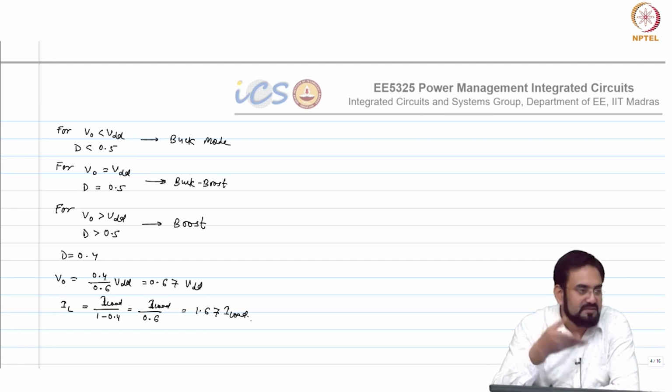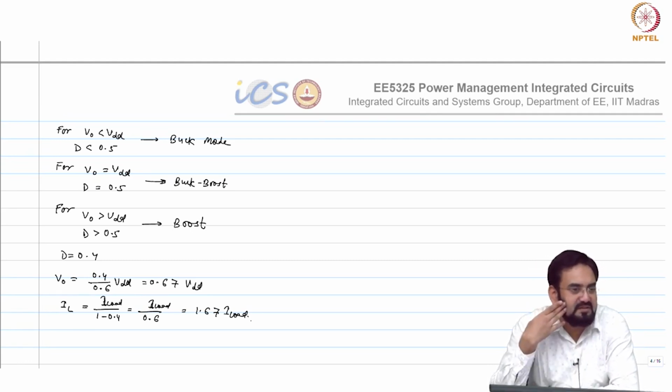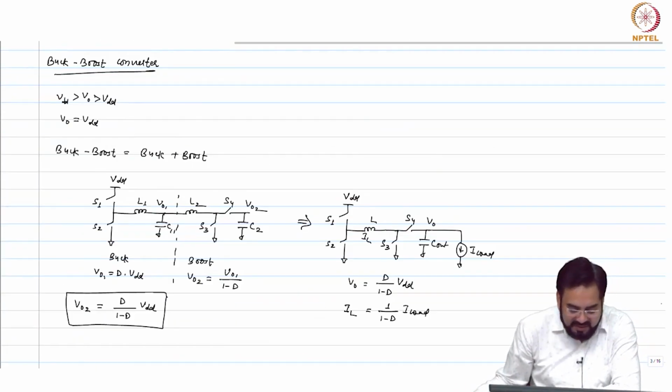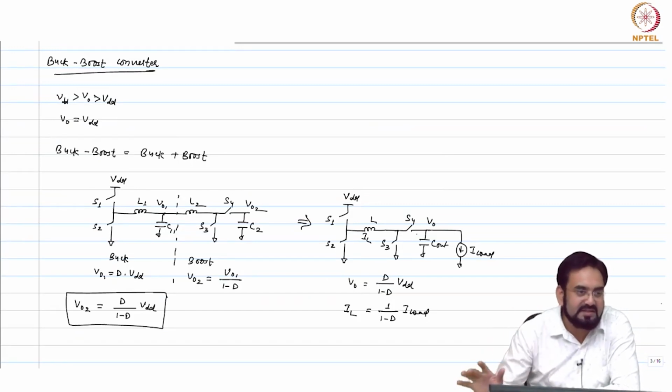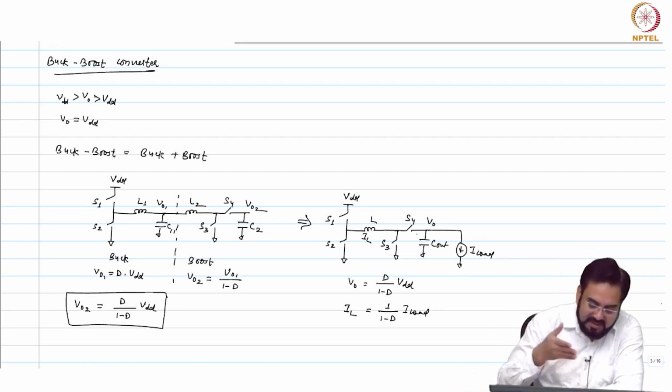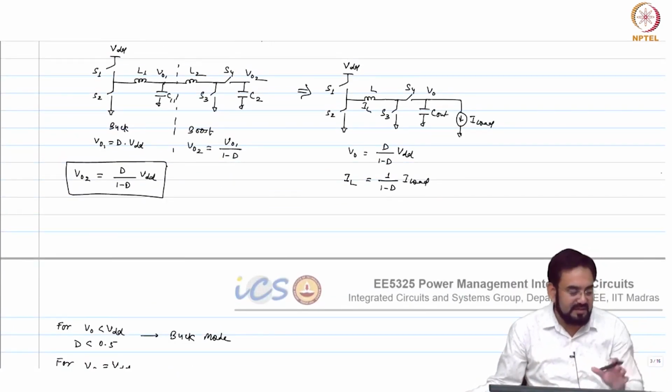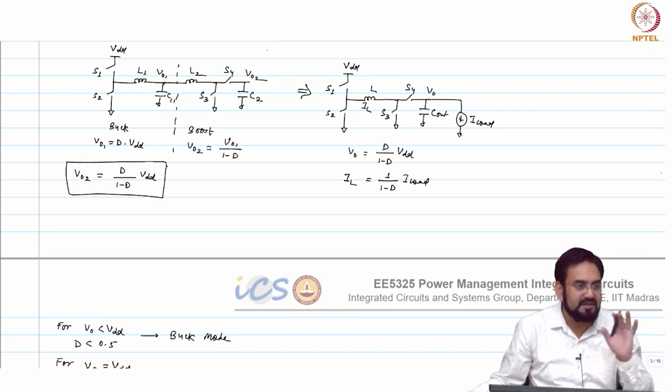But my output is much less than VDD. And do I still need to do this and incur a lot of losses? I can only operate in buck. So which means controlling S1, S2, S3 and S4 with a single duty cycle doesn't make any sense here. We should independently control S1, S2 and S3, S4. This is, by the way, conventional buck. If you look at it in literature, the conventional buck boost will be like this.